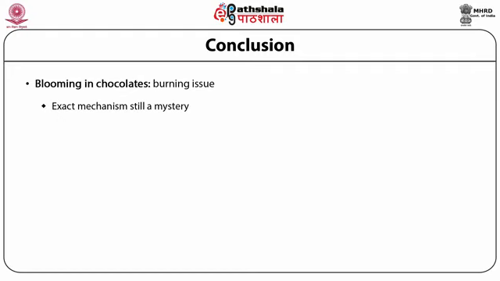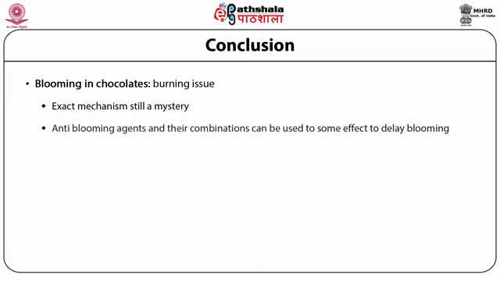And sometimes a few of the things are not in our hands. Also, we can use anti-blooming agents and their combinations to control this blooming effect, which can be used very effectively to delay blooming in chocolates. Chocolate being a very big industry and a very tempting product, we need something that will increase its appeal and reduce blooms in the product.